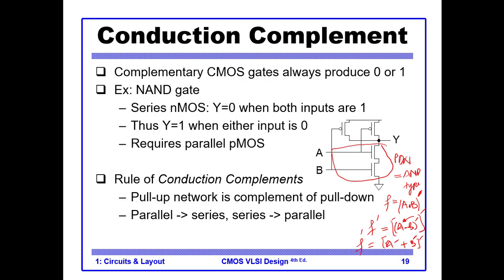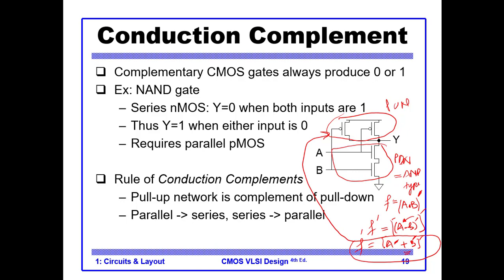And you see that this is exactly what our pull up network is. It is OR type, parallel, and because of this bar we have PMOS. So this is how we construct a NAND gate. So what is the difference between the NOR, which we designed in the previous slide, and this one?